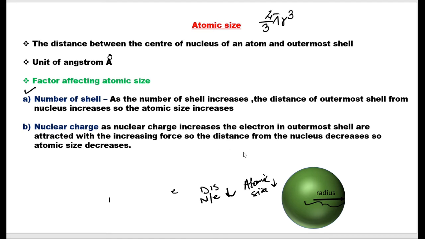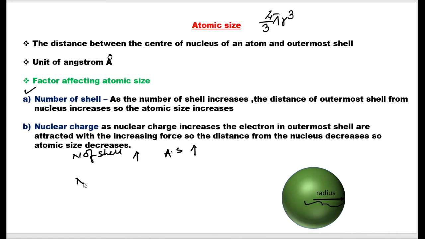So in brief, we can say about the two factors: number of shells increases, atomic size increases; nuclear charge increases, atomic size decreases.